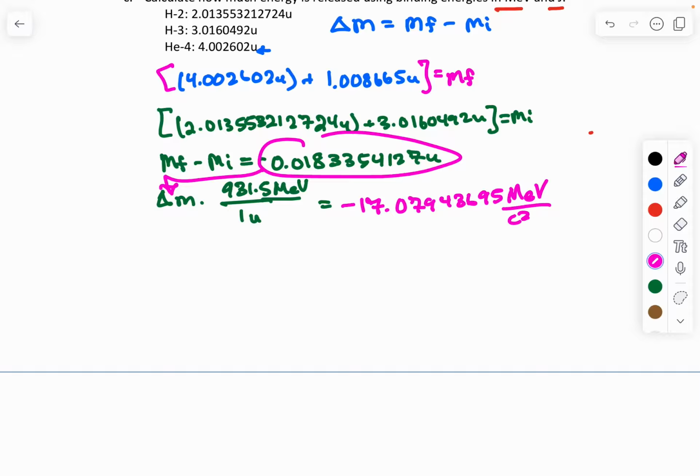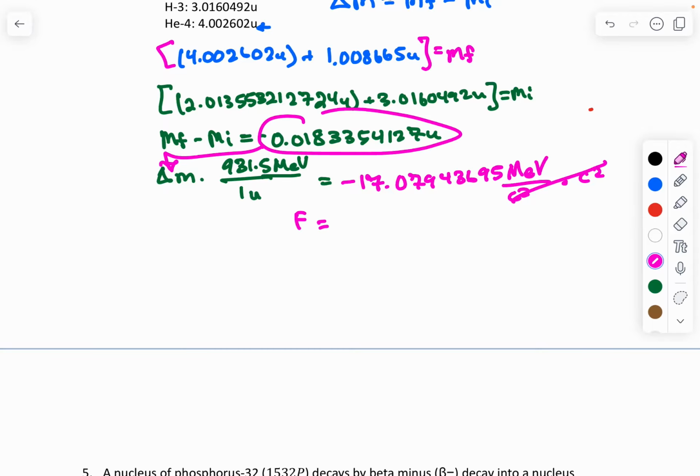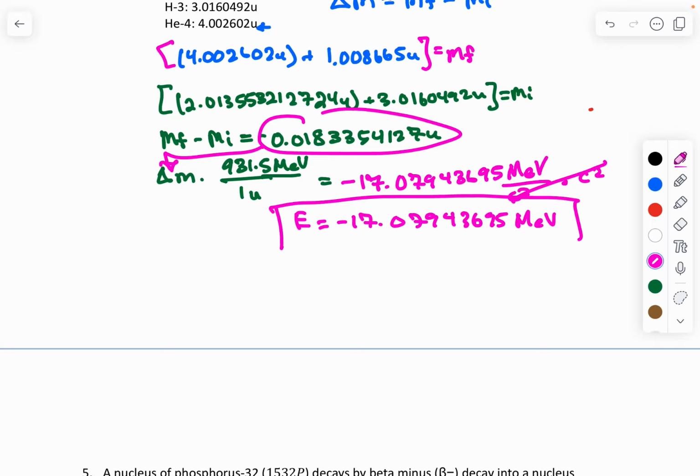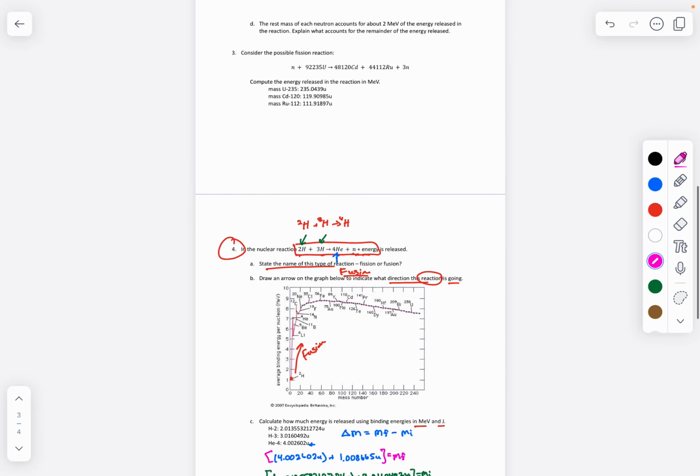Now you take this number and multiply it by c squared. Bam, that cancels out. So your E is this, 5 MeV. Bam.